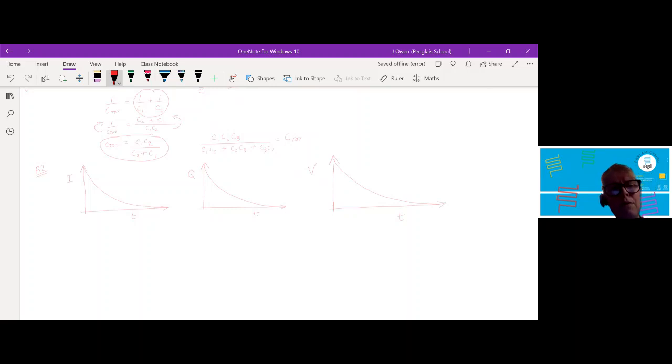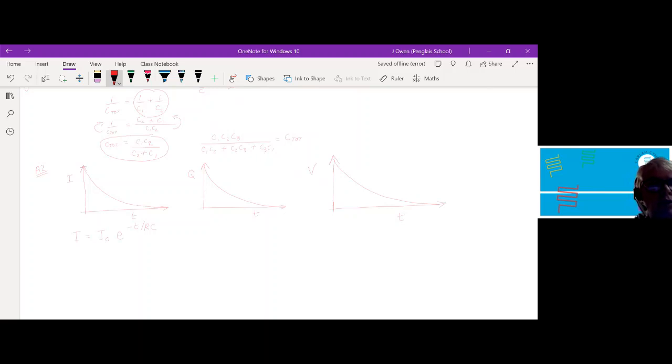And of course comes with this the exponential equations. So I equals I naught e to the minus t over RC. It follows through this exponential equation to describe that graphical form.